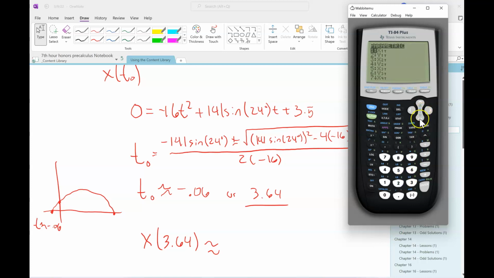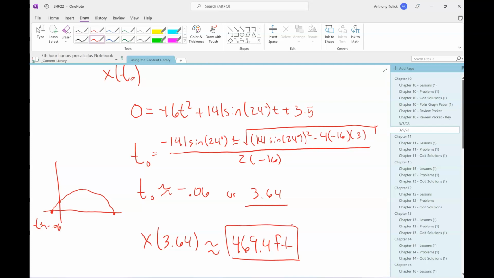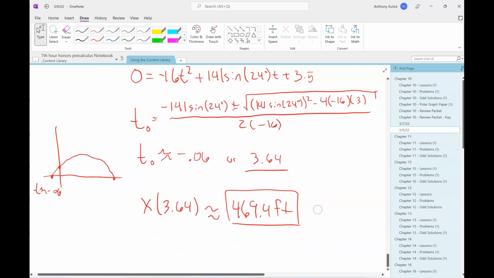Personally, I'm just going to use my calculator to do it. So I go through the vars menu and pick x2t and plug that in, get 469.4. Jeff's a beast. Cleared the wall and kept on going another 69.4 feet. What a beast.